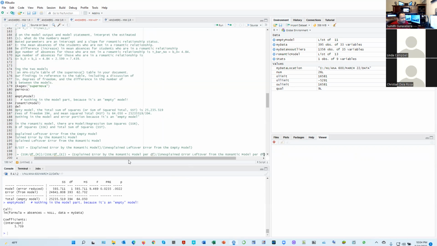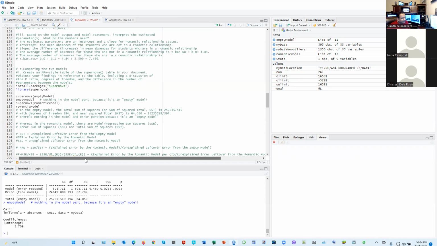Okay, that's the idea. So you can explain it like that. That's a division between those two: explained error and unexplained leftover error.